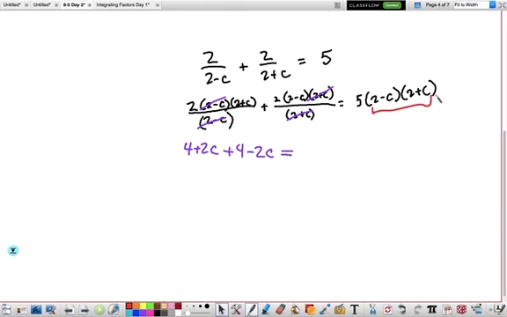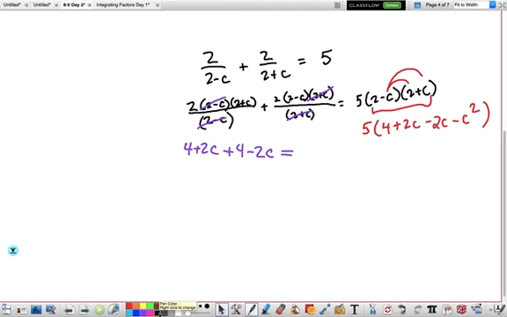Should probably multiply this guy out first. 2 times 2, 4. 2 times c, positive 2c. Negative c times 2 is negative 2c. Negative c times c, negative c squared. That was all being times by 5.